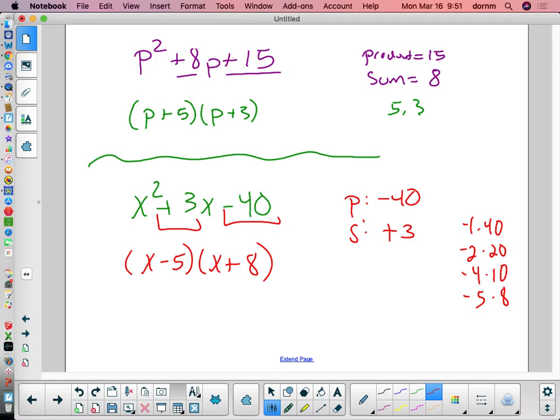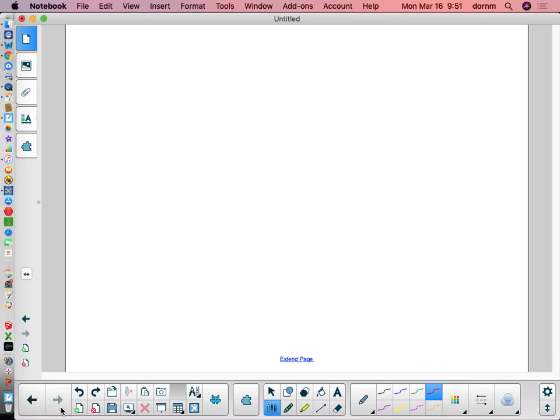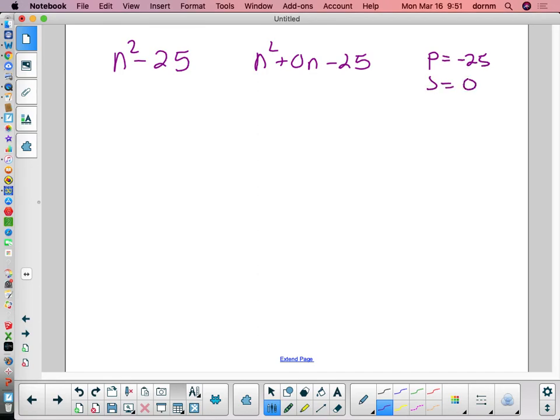Okay? That's basic factoring. There's some special factoring. One of the special factoring problems we get is called difference of perfect squares. Things like n squared minus 25. In essence, what this means is n squared plus 0n minus 25. So my product is negative 25 and my sum is 0.